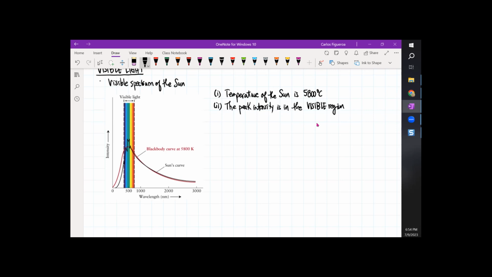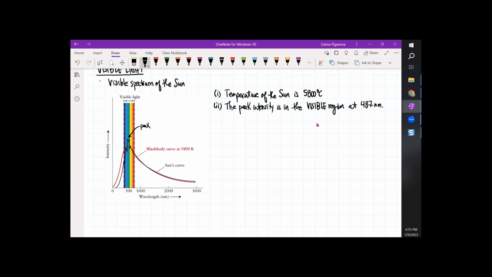And it looks like it's around 500. So I would say that this right here is the peak, right? That looks like the peak. It looks like it's around 500. It turns out that it's slightly below. So the peak intensity is in the visible region at 487 nanometers.